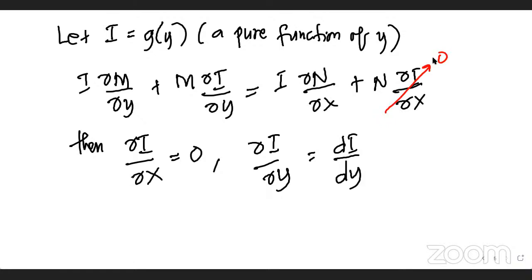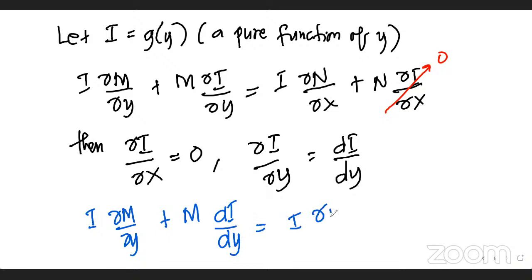So rewriting equation number 2 will give us I times partial of m with respect to y plus m dI over dy equals I times partial of n with respect to x. And the same idea, pagsamahin natin yung terms na merong I dun sa kabilang side. So, transpose lang natin to.